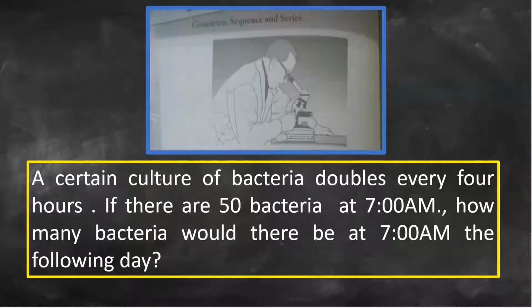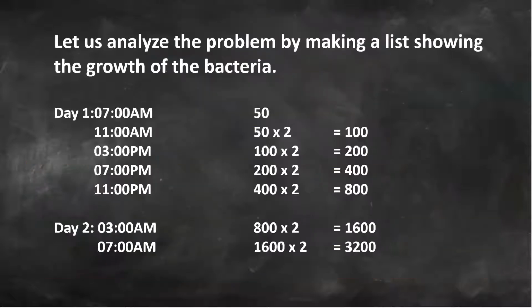So clearly, this scenario investigates the possible number of bacteria after how many hours, from 7 a.m. this day to the following day. So that's what we're going to investigate here.